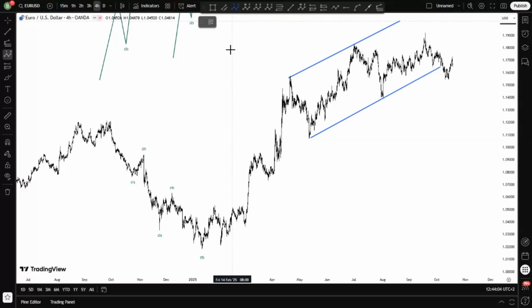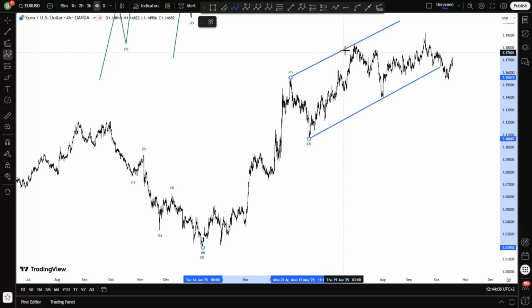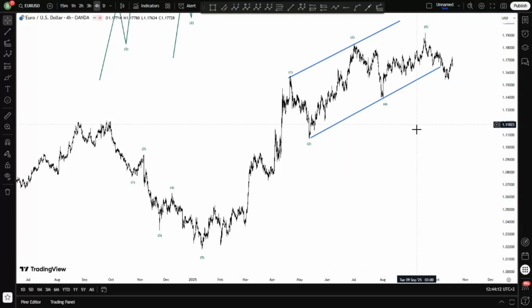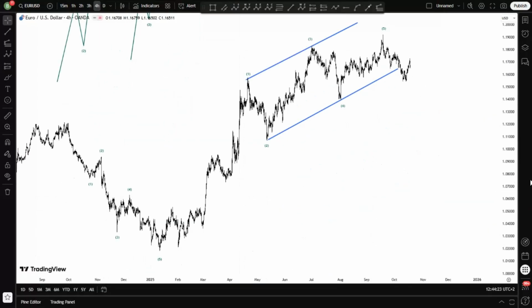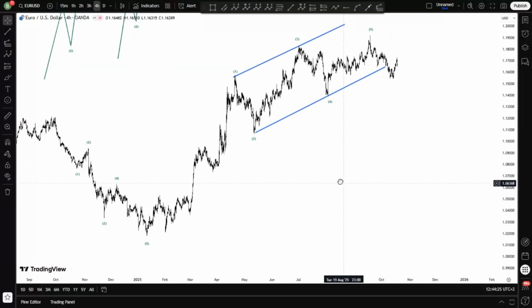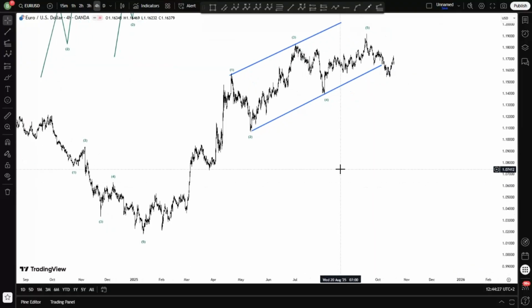So you can see this is 1, 2, 3, 4, 5, exactly what we see here. It is exactly what I talked about. So it's clear, guys. It's what the market does, again and again.